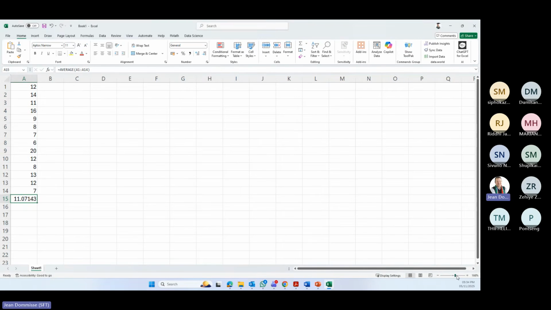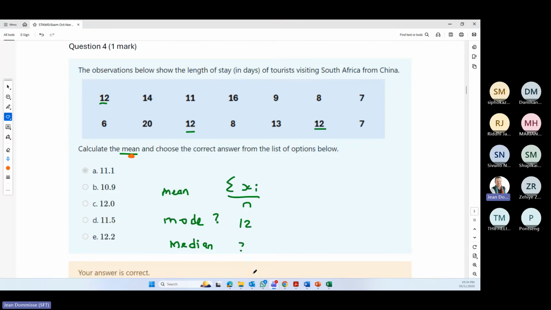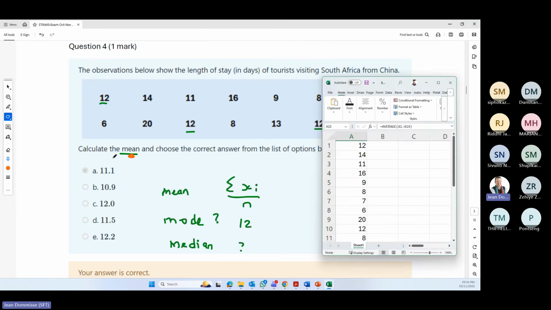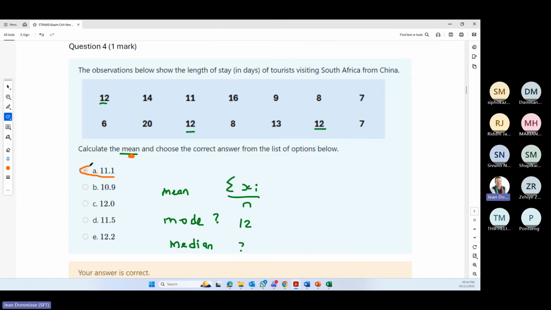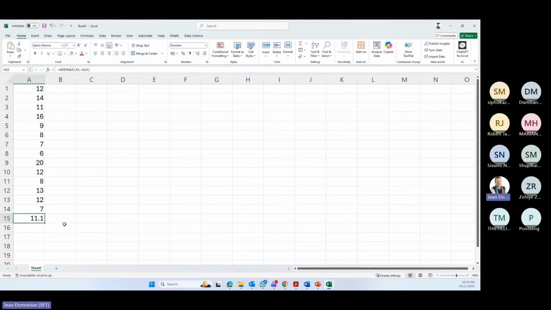I will share the spreadsheet with you as well, but we would have gotten 11.07. They said round it off to one decimal place, so 11.1. But also, let's just add a few things for you.